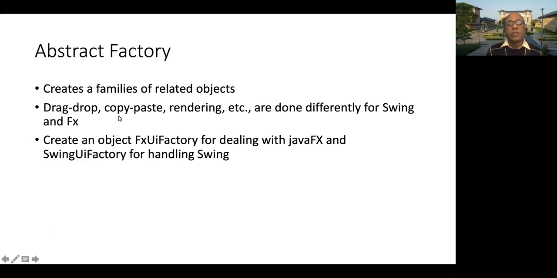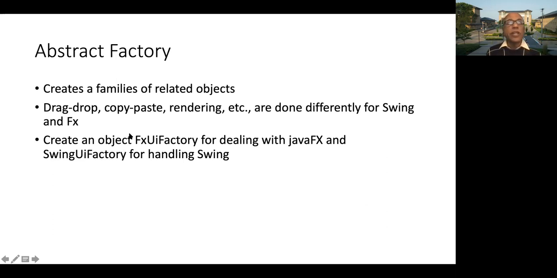Drag and drop, copy and paste, rendering, etc. are done differently for Swing and FX. In fact, they are very different. So when we get an Abstract Factory object in this particular program, that program is either geared towards Swing or towards FX.